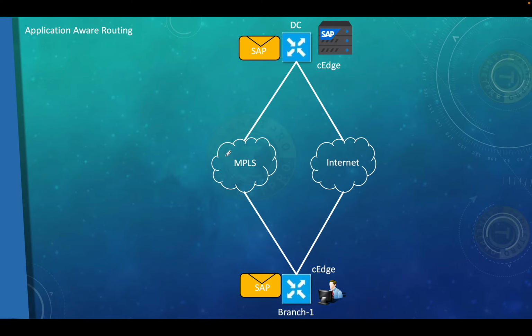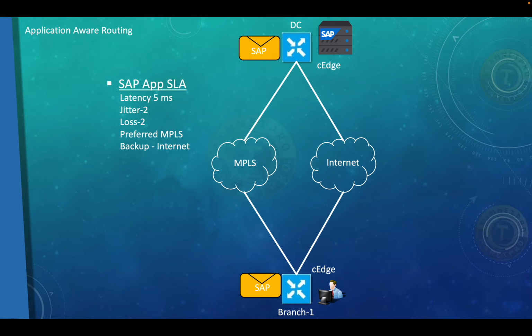In that case, we have to predefine or configure an SLA for this particular link. So what is the SLA? As per our business expectations, we set an SLA for the SAP application: this application can tolerate a maximum latency of 5 milliseconds, jitter of 2, loss of 2, and in that case the preferred color would be MPLS.